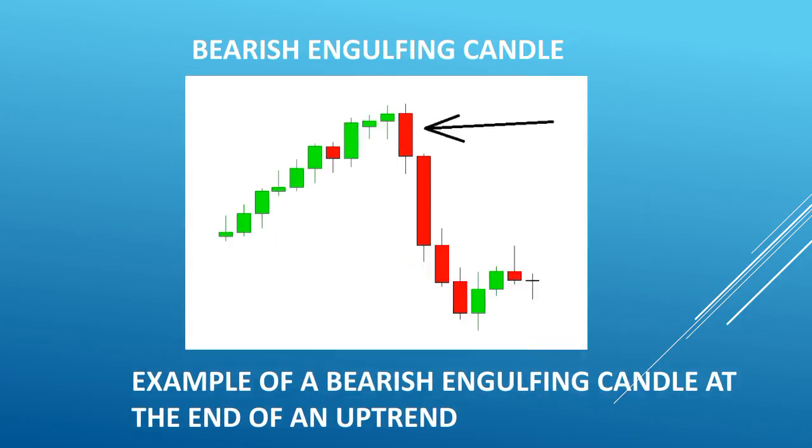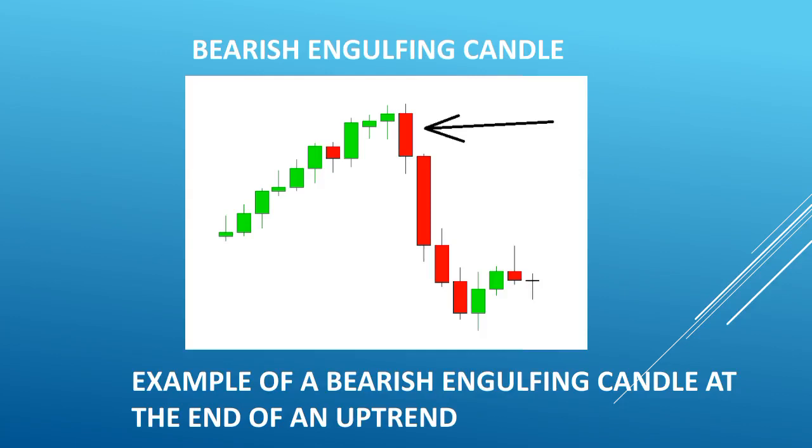Another example of a bearish engulfing candle at the end of an uptrend. We can see an uptrend of about 8 to 9 green candles with just one small red candle in the middle towards the end of the uptrend on the left.